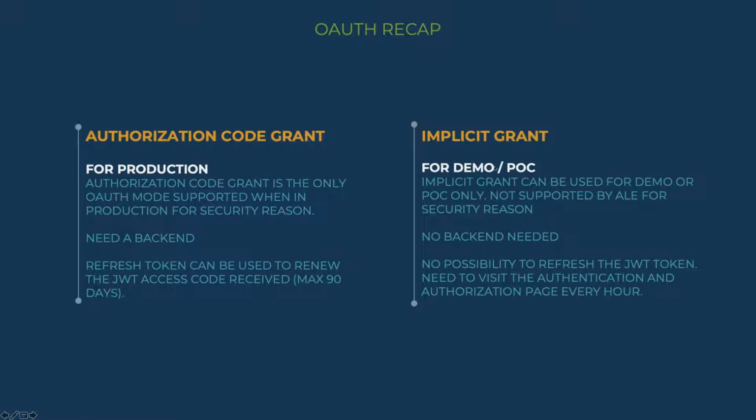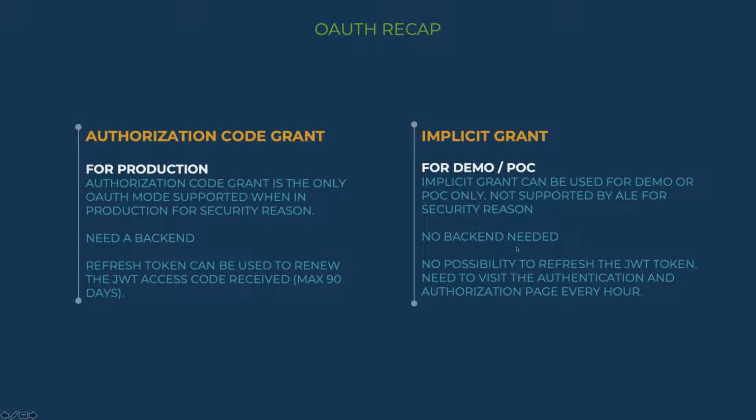And for those who want to make just a quick demo using a Rainbow account, you can use the implicit code grant. Remember, you have to configure it in your application, because by default the authorization code grant is what is supported. You don't need to have a backend. You just have to call the URL from your client side, and you will receive directly a JSON web token that the SDK can use.